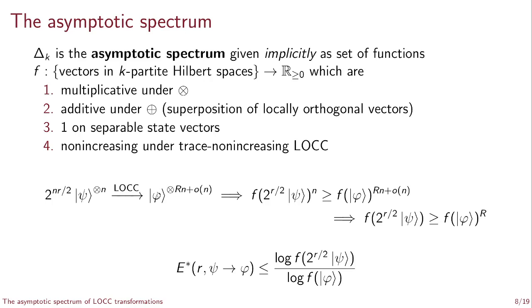Then if we apply f to this inequality, using that f is a monotone quantity, and we use the multiplicativity property, then we get an inequality between f evaluated on the square root of 2 to the r times psi, so on this unnormalized vector, and this value on phi, which involves the rate R. So by taking the logarithm and dividing by the logarithm of f of phi, we get an upper bound on the possible R's.